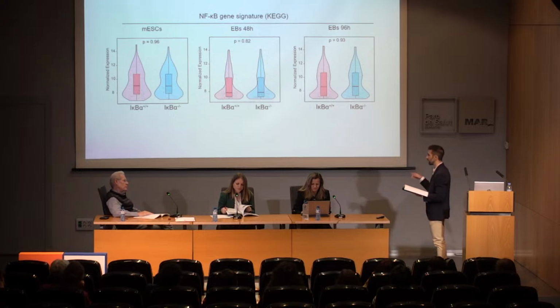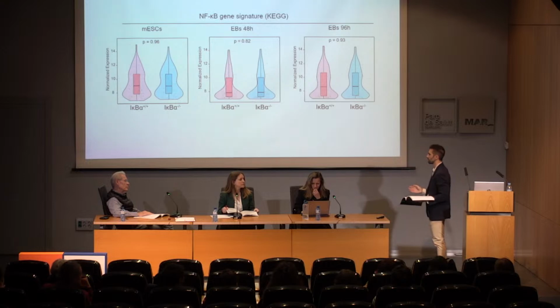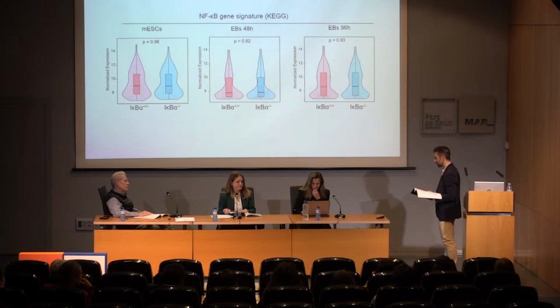So I targeted the region with a CRISPRi approach to silence it, and I saw that the expression of the IκBα gene was totally reduced. Of course you always need to check NF-κB, but I think maybe the control of IκBα expression is more related at this stage to pluripotency.